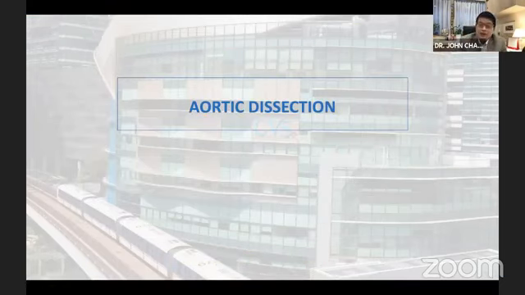A lot of these patients may also have some weakening of the aortic wall from connective tissue diseases such as Marfan Syndrome, but by far the most common cause of aortic dissection is hypertension or high blood pressure. So as you can see from this illustration, a tear has occurred in this layer, and then blood tracks in between the layers of the aorta.